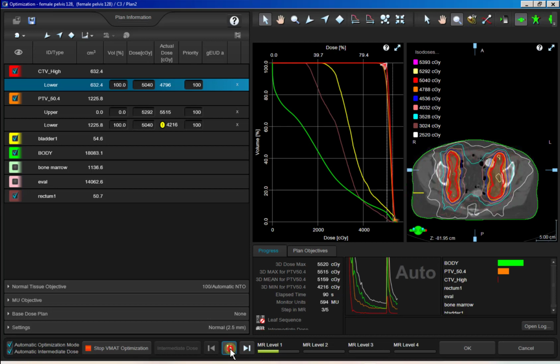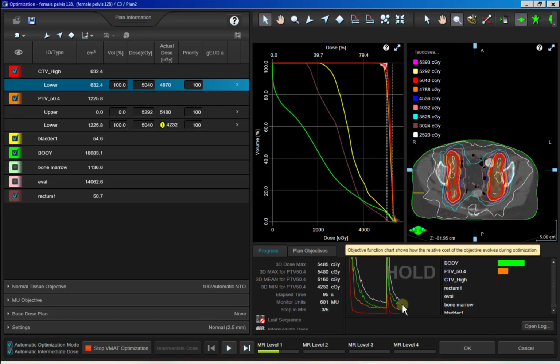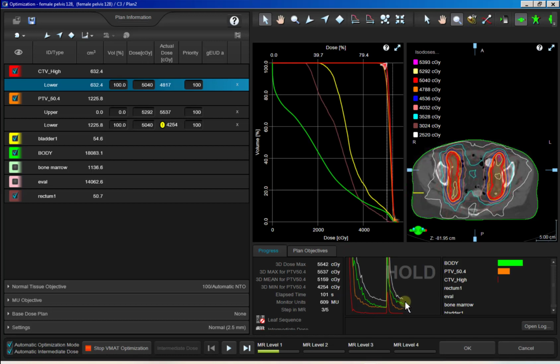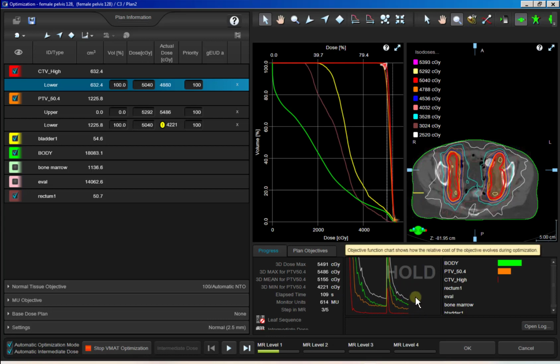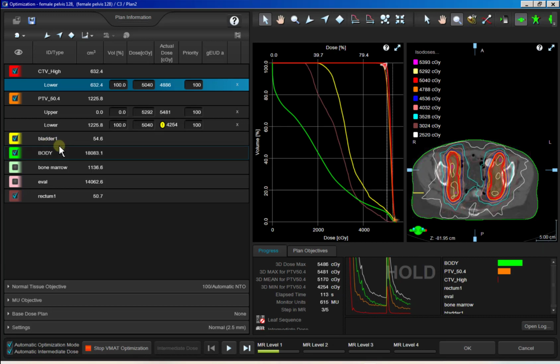All right, we're in step 3, so I'll pause. I'll let this start to level out, and you can see it's still going down. So like I keep saying, always a good idea to pause. But let's start adding some of these OARs.